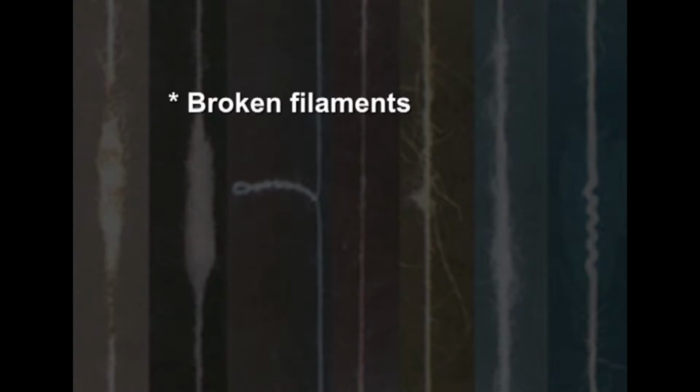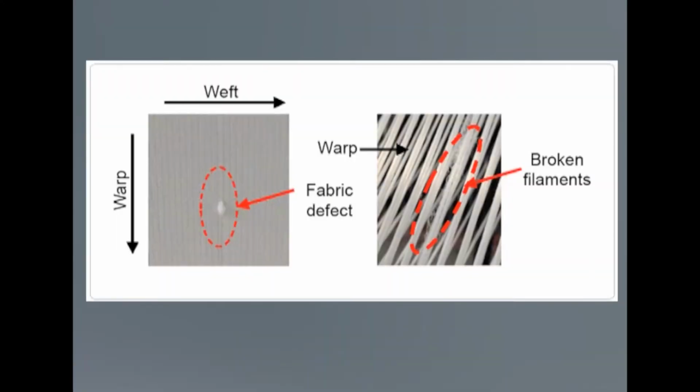We have broken filaments, which is one of the defects. In a fabric made from flat or low twist continuous filament yarns, it is a fibrous or hairy surface appearance that may be localized or general.